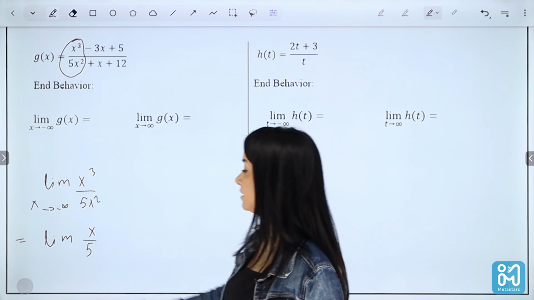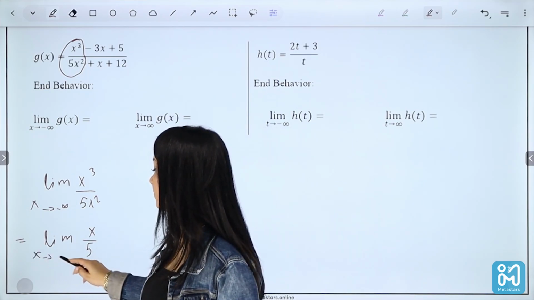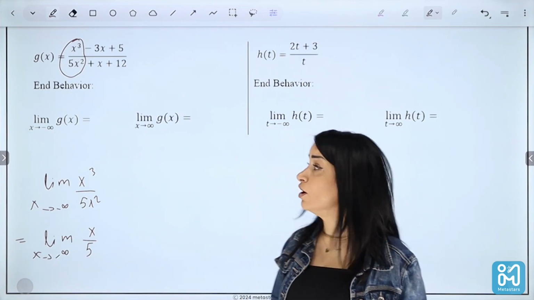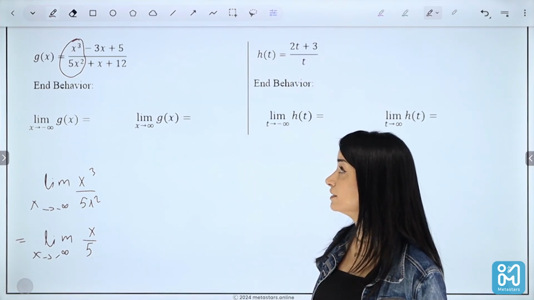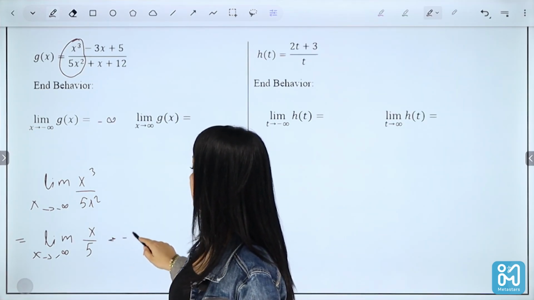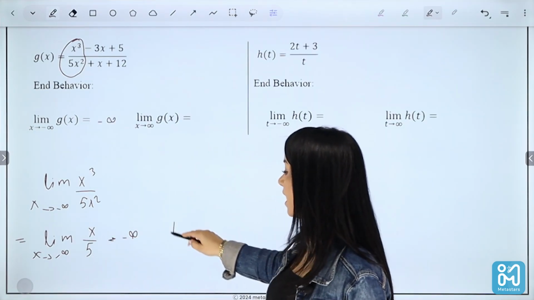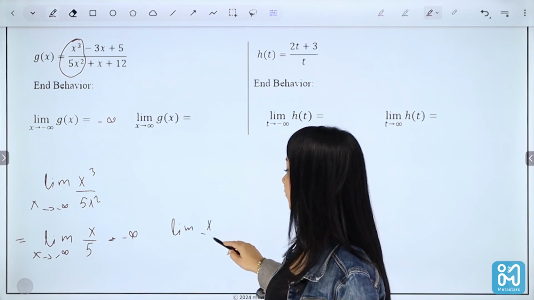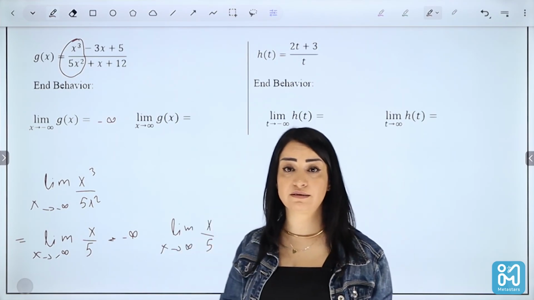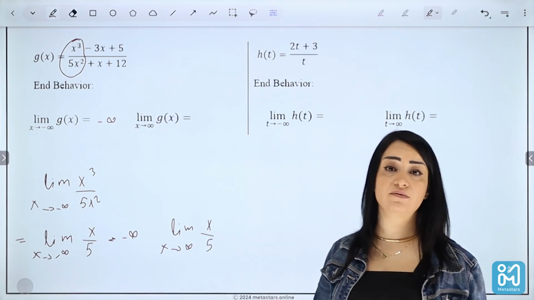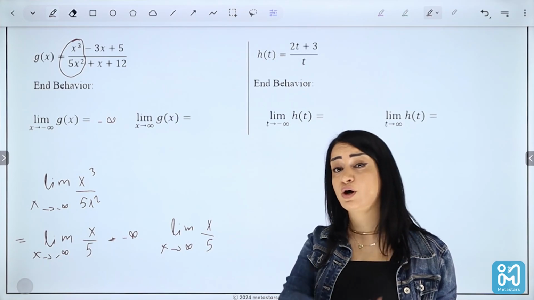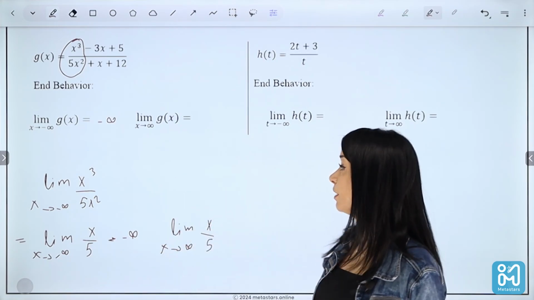Now when x is going to negative infinity, a negative huge number divided by 5 will of course stay negative, so it is going to negative infinity. And for the limit of x over 5 when x goes to positive infinity, if I replace x by 1,000, 5,000, a million, 10 million, whatever, over 5, here also we're going to positive infinity, in the positive direction.